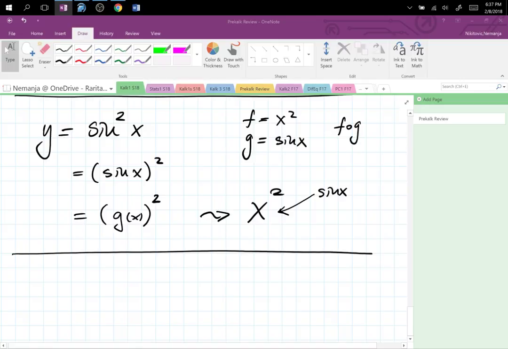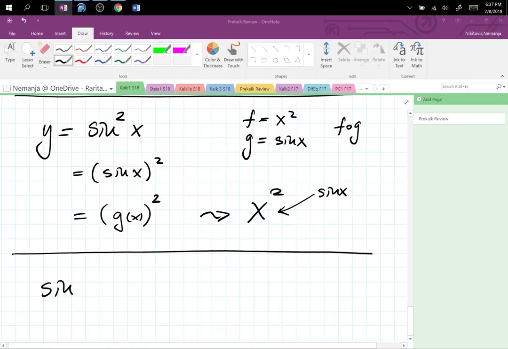Question. Yes? Is sine squared x equivalent to sine x squared? Nope. Because sine, without the argument following it, does not mean anything. That's why I rewrote in the second line that you can put the parentheses around that square.